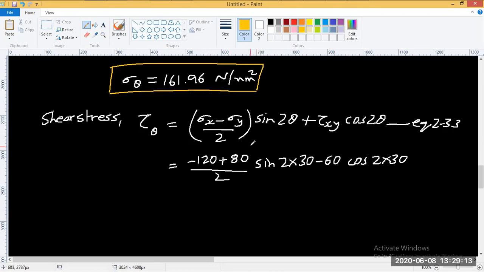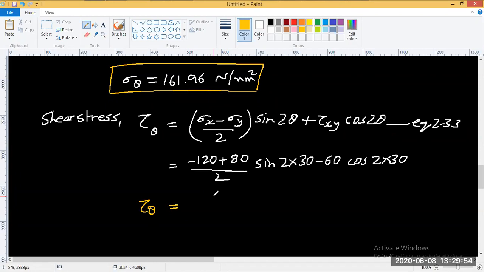And one last thing, for shear stress. Try to find out one last for shear stress, tau theta. I'm free anyways, so let me do it. 120 plus 80 divided by 2, into sine of 2 times 30, that is 60, minus 60 into cos 60.